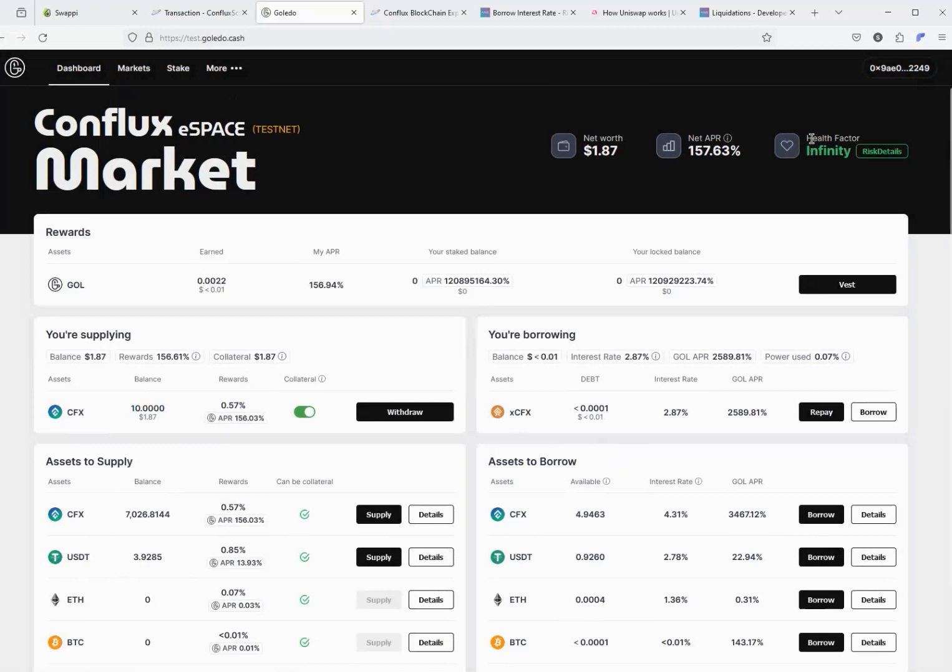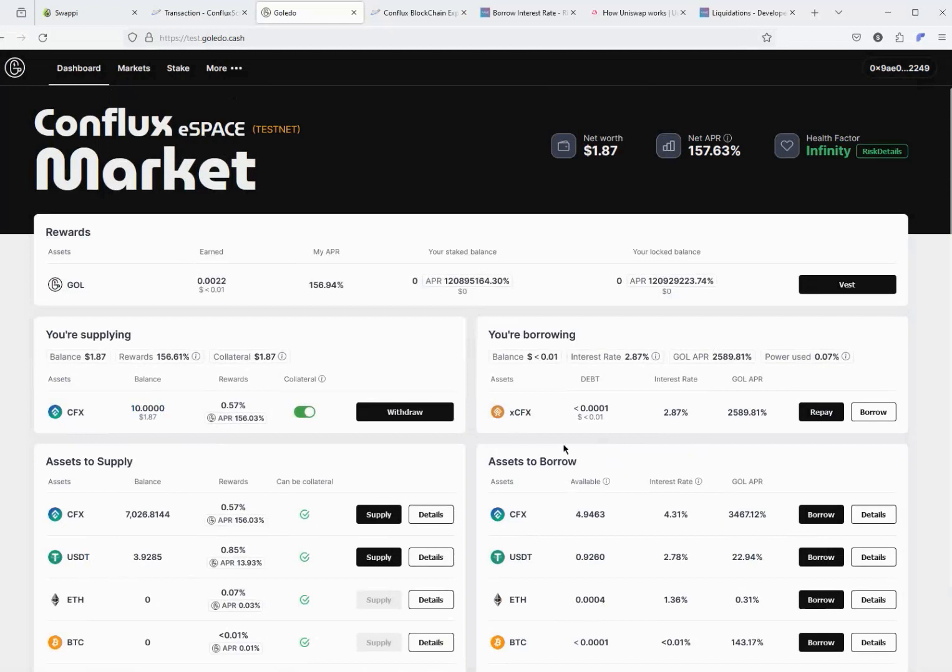So there is another term called health factor. It will determine the difference between the amount of the user's supply and the user's total borrowing value.